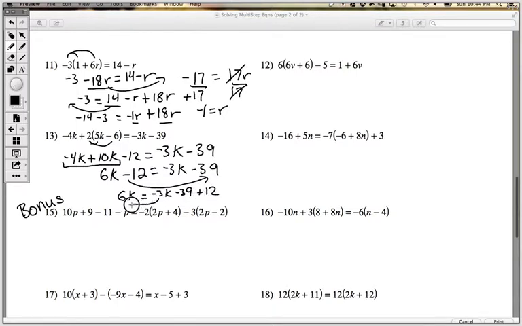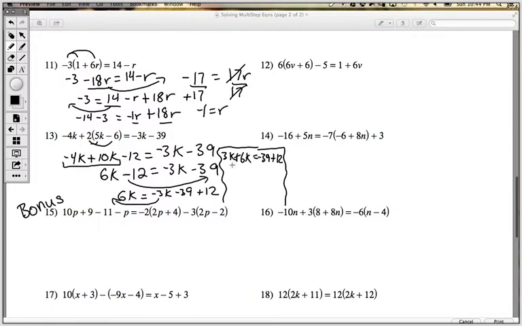Now I'm going to move the negative 3k over to the other side. Altogether that gives me 3k. We're kind of splitting our work here. 3k plus 6k equals negative 39 plus 12.